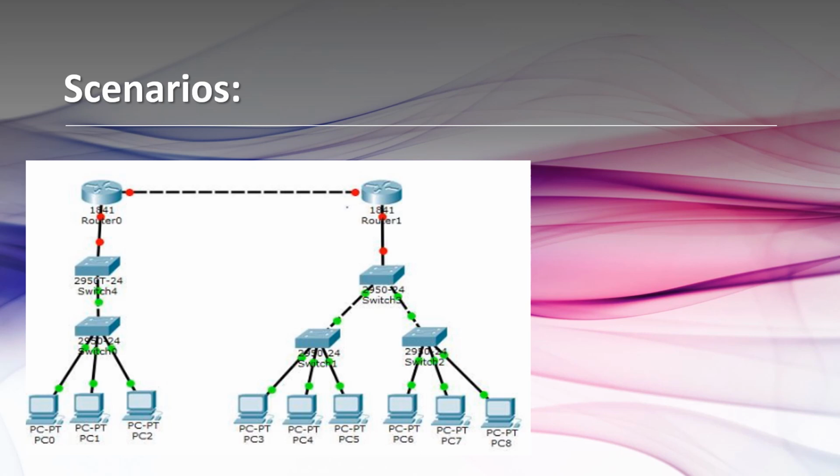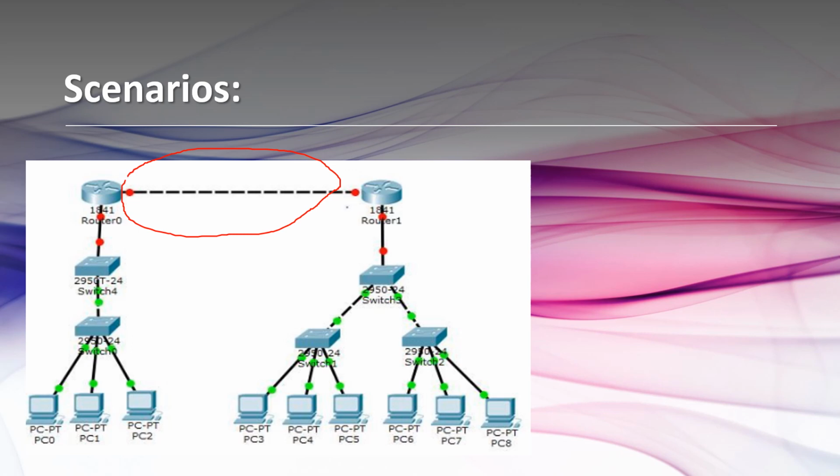And here we have 2 routers, 5 switches and 9 PCs connected. So now we are going to find how many collision domains and broadcast domains are in this network. First we'll see the broadcast domain. Let's consider from the router side.